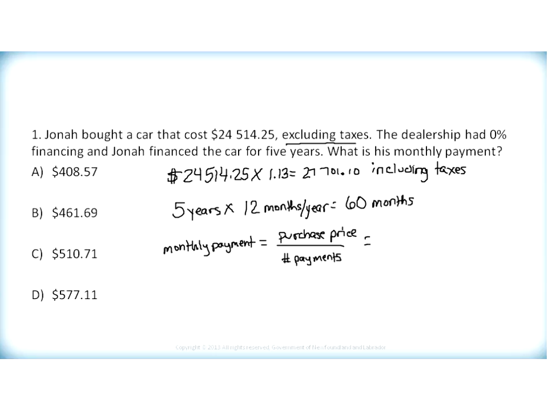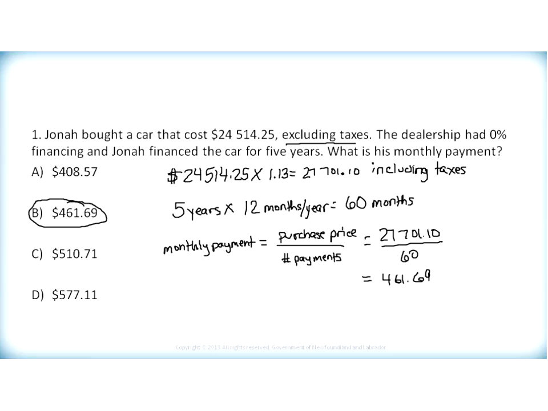In this case, it's going to be $27,701.10 divided by the 60 months he's going to be paying on this car. So we type that into our calculator, and it gives us a value of $461.69, which is B.